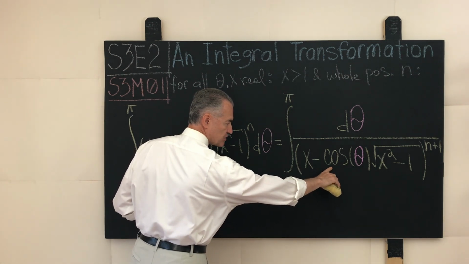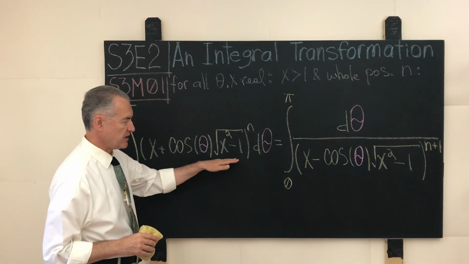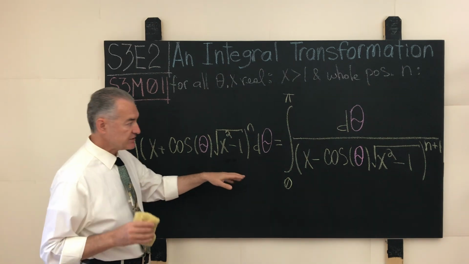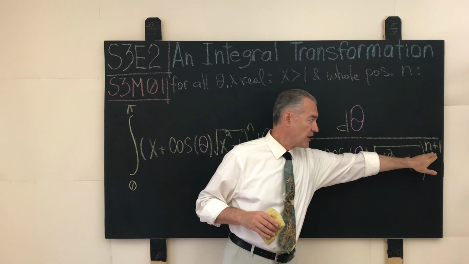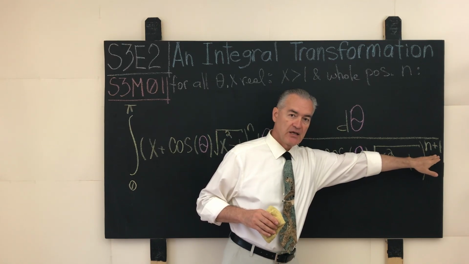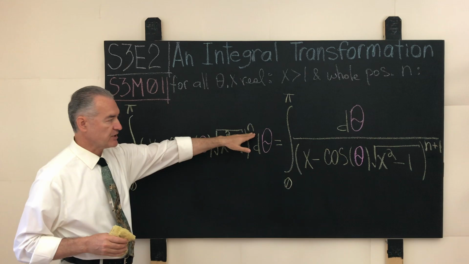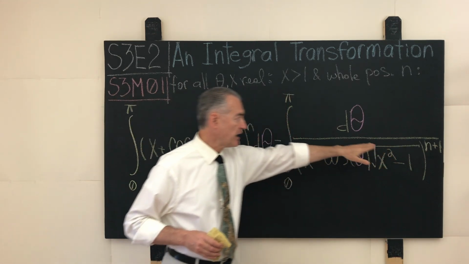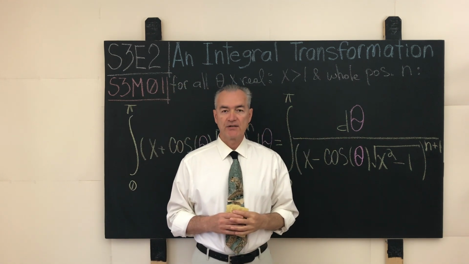The cosine evaluated again at the angle theta multiplied by the same factor of the square root of x squared minus 1, but this time this expression is raised to the power n plus 1. The degree to which this expression is raised is 1 higher than the degree of the integrand on the left-hand side, n versus n plus 1. And the integration is carried out with respect to the same variable theta.